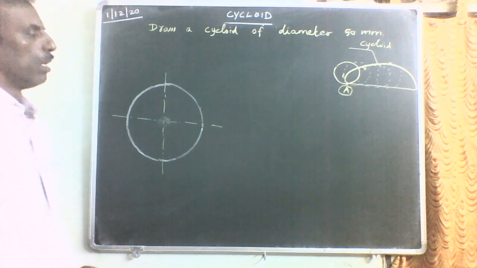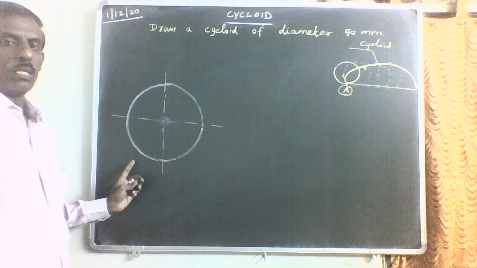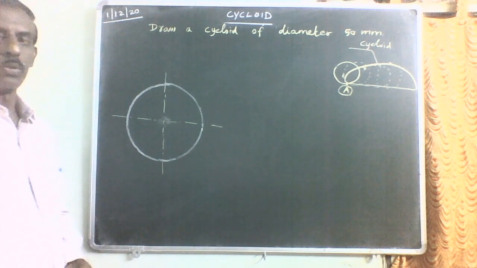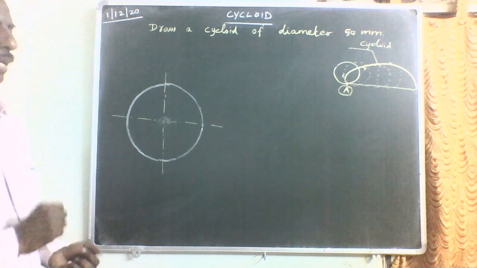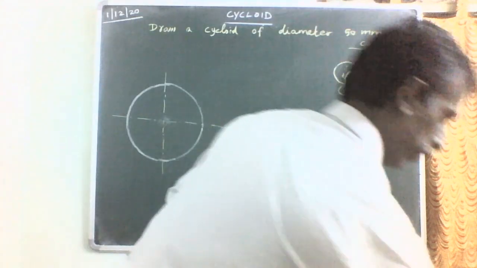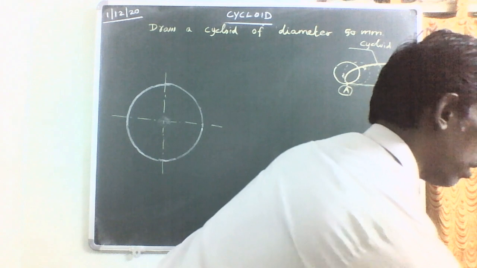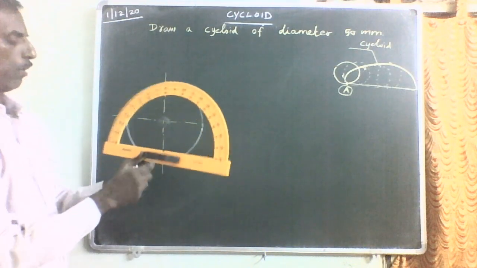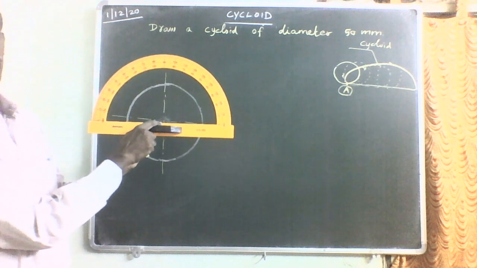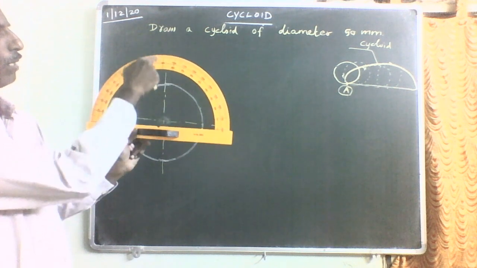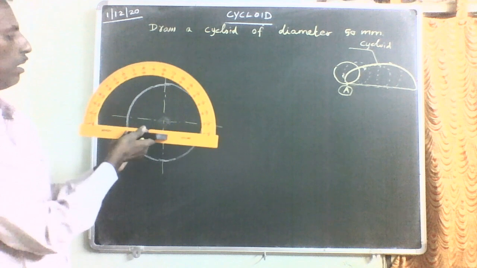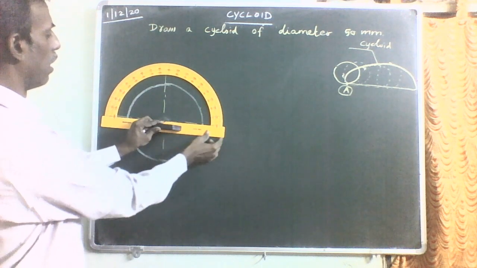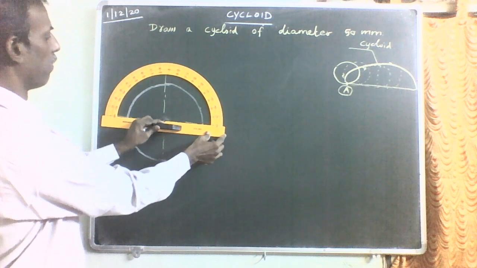Now, divide this circle into 8 equal parts using a protractor. For example, in the protractor you have the intersection point of the horizontal middle line and vertical line. That intersection point you are going to keep here on the horizontal center line.